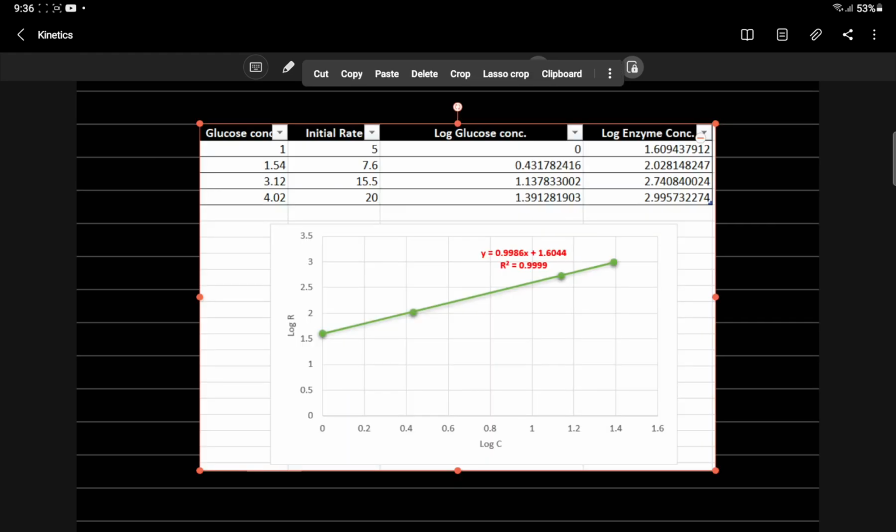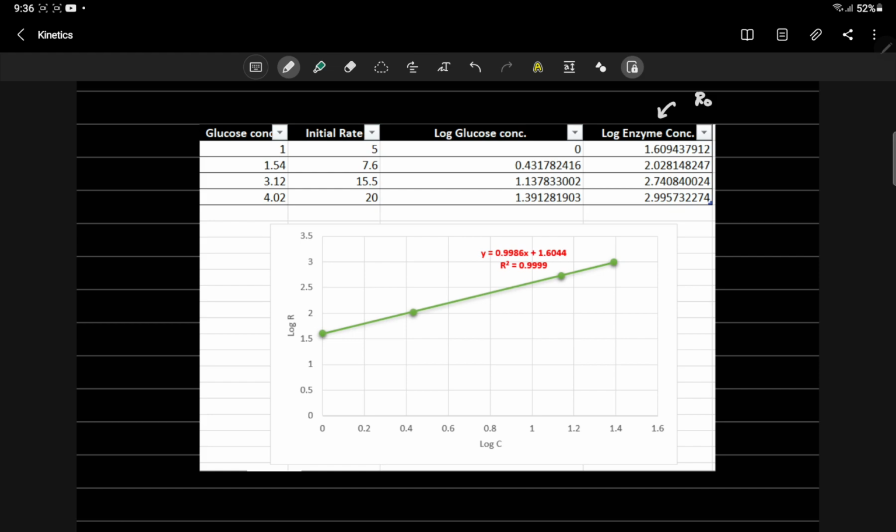And here I did it using Excel. So I made some inputs. So we have the glucose concentration and the initial rate. So I took the log of both the glucose concentration and the, no, this is not the enzyme concentration. So this should be the R naught, log of the R naught.